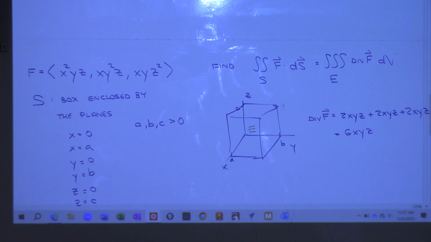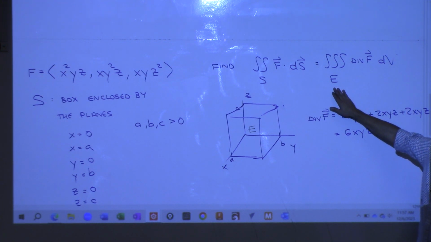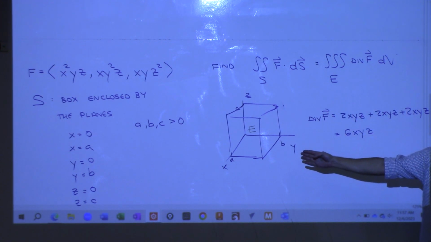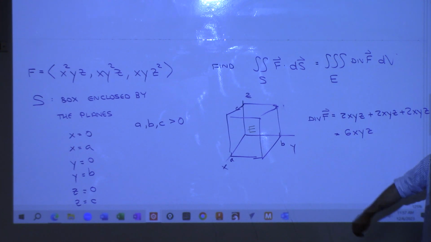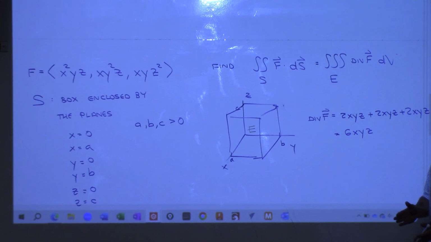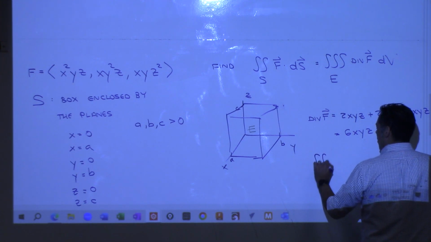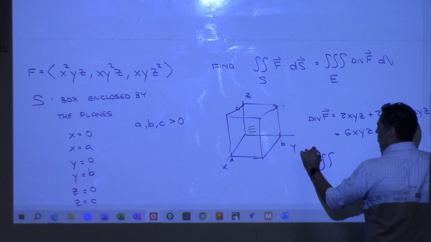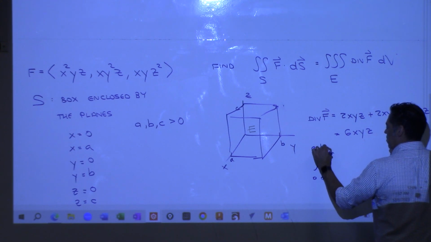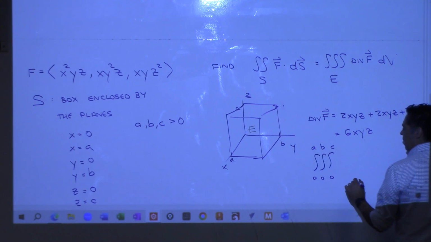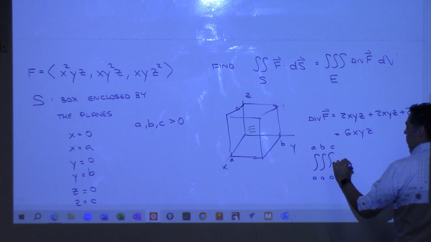And so now I need to see if I can somehow define what E is. E is, I think, pretty easy to define, right? Your X's are between 0 and A, Y between 0 and B, Z between 0 and C. They're all constants. So 0 to A, we'll do that one on the outside, and then 0 to B, and then 0 to C. And we're integrating 6xyz.